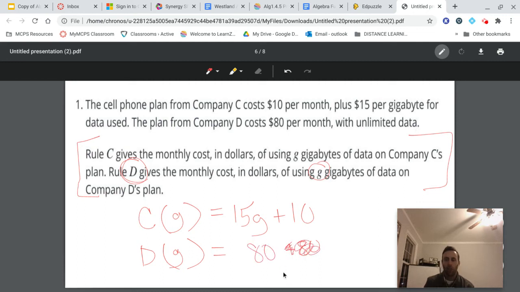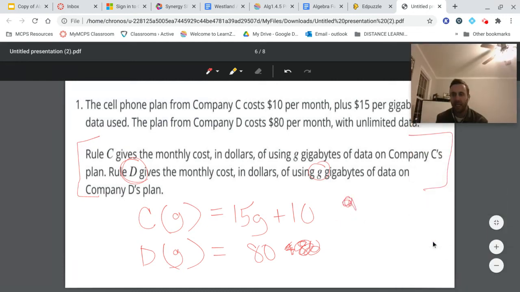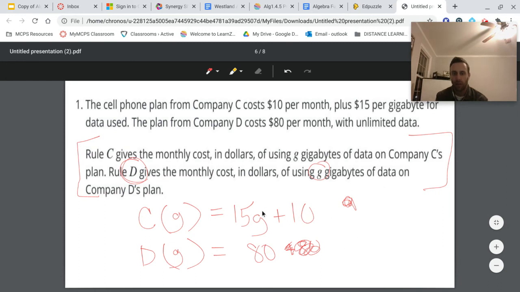Okay. So if we asked you, let's say you used 10 gigabytes, which one is cheaper after 10 gigabytes? Well, for function C, 10 gigabytes means we're putting a 10 in there. So 15 times 10 is 150. 150 plus 10 is 160.